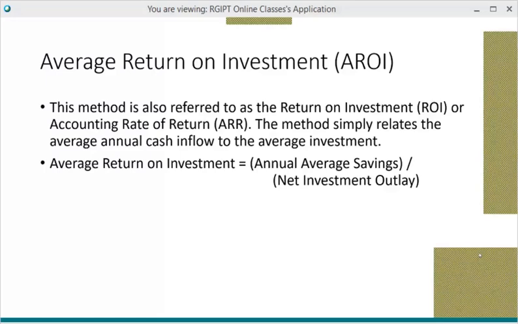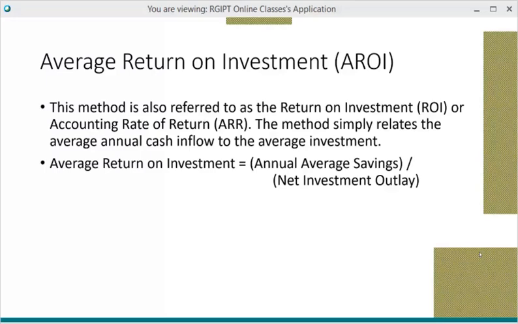So that is the book I've been following, and in this case, this is also referred to as ROI, return on investment, or also accounting rate of return. And it simply relates the average annual cash inflow to the average investment.